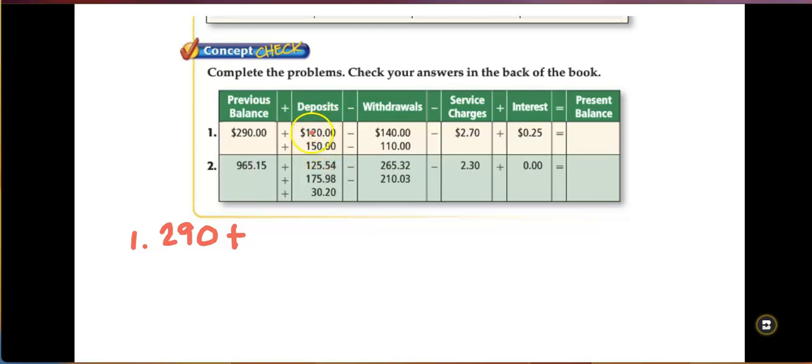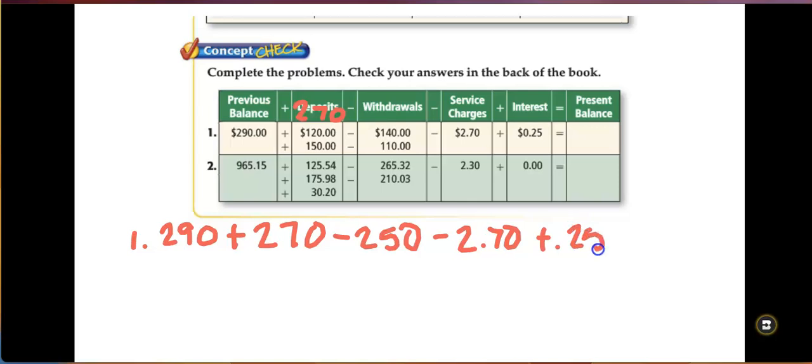So this would be $270. So I'm going to add $270. But then I withdraw $250. Then I'm going to subtract $270 for your service charges and add my 25 cents of interest. And you should have gotten $307.55. So remember, all these little decimal points are very important.